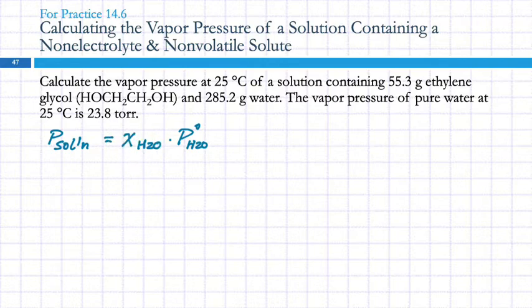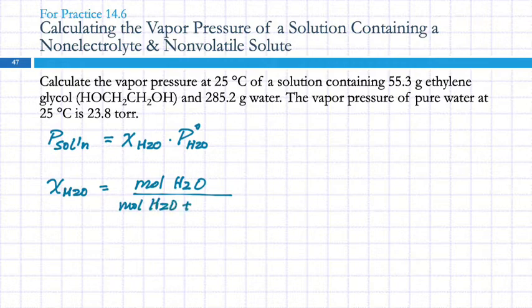We already calculated a mole fraction, so I'm not going to do the whole thing again, right? But the mole fraction of water is the moles of water divided by the moles of water plus the moles of ethylene glycol. We'll call it EG. So that's just tedious, right? You've got grams and you calculate moles. You've got grams and you calculate moles. You put them in here, you get a number, and that's this number. And then you multiply by that.